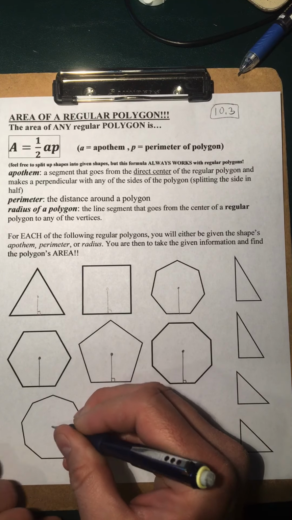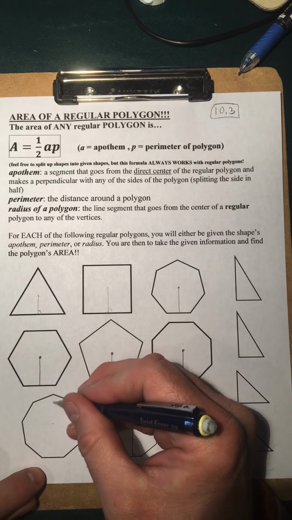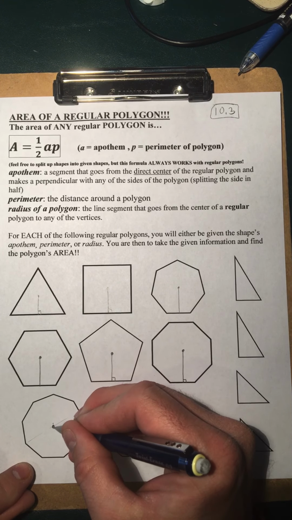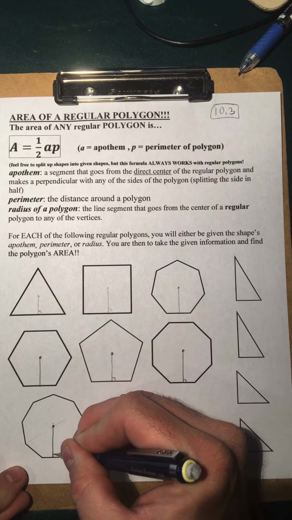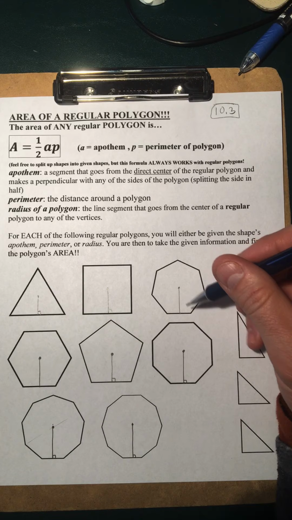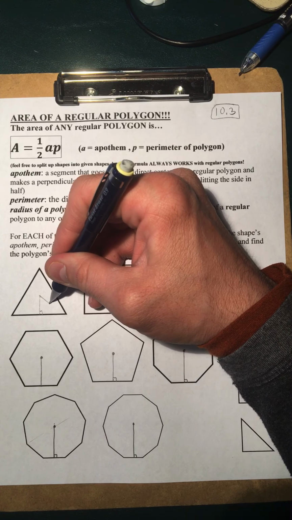So it's going to be here, like here, like here, and like here. Okay, so more like that. Now, the reason this is important is because if these are all the apothems, these actually create triangles inside of all of these.